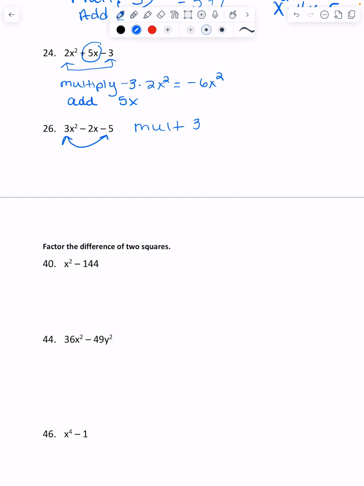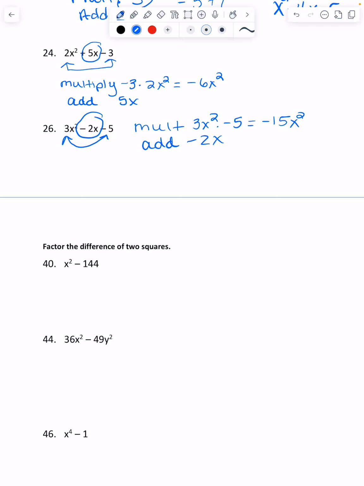So 3x squared times negative 5 gives me negative 15x squared. I'm going to look for two numbers that multiply together to give me negative 15x squared, but add together to give me my middle term of negative 2x.